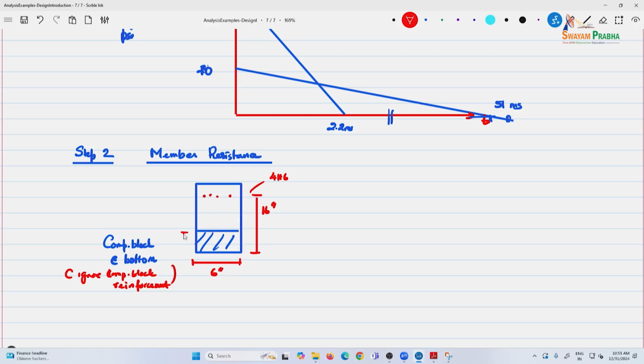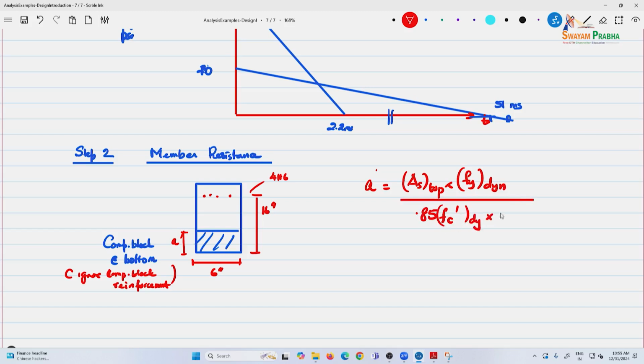So we calculate a, the depth of the compression block, as As top Fy dynamic divided by, the factors we use are 1.85 f'c dynamic multiplied by b.